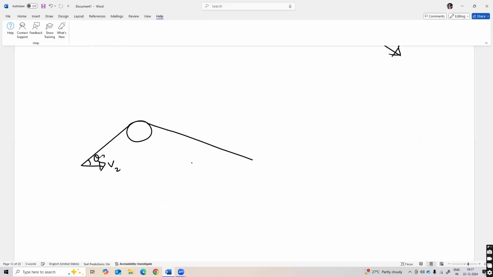This angle is theta 2, and this end of the string is moving with velocity v1, and this angle is theta 1. So basically the velocity along the string at both ends must be the same. The component of v2 along this direction is v2 cos theta 2, and the component of v1 along this direction is v1 cos theta 1, and therefore they must be equal to each other.